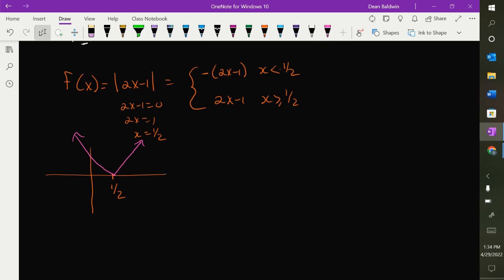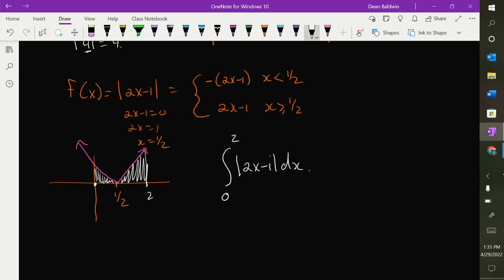So if I say, what is the integral from 0 to 2 of the absolute value of 2x minus 1 dx? That is saying, what is the area under that curve between 0 and 2? Well, 0 is there. We'll call 2 out here. I'm looking at all that area.